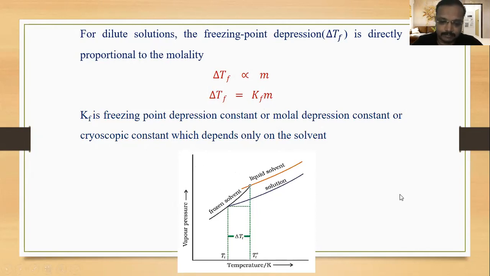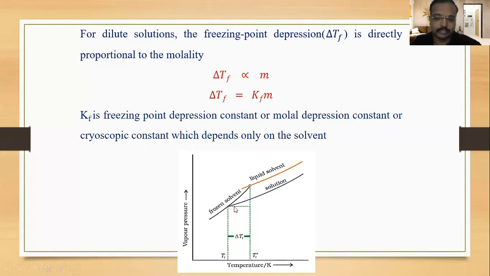Now, children, look at this particular diagram. You will find vapor pressure with respect to temperature, with the pure solvent and solution graphs, where we get to know the particular point at which the substance gets frozen, that is, liquid to solid, takes more time.